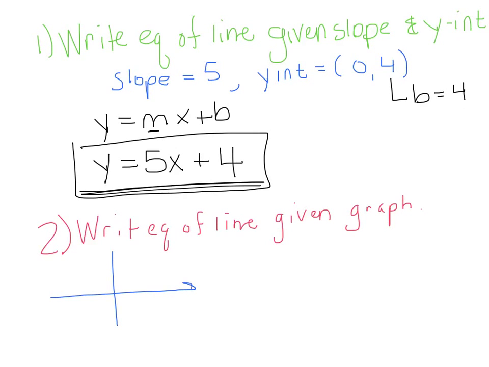It might look like this. We have your x-axis, you have your y-axis, and it has a graph on it. Let's see if I can come up with one fairly decent. And some marks for you. Something like that. And we want to write an equation of a line given a graph.